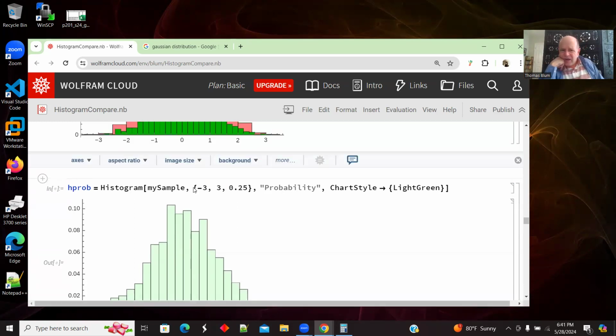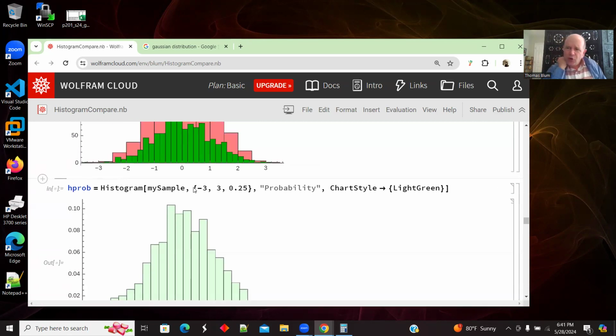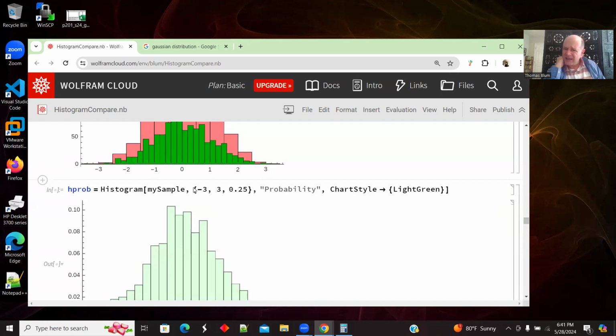The other change I'm making here is that I am introducing a new argument, and it is going to have an effect on the height. We're saying that we're going to make a probability histogram rather than a frequency histogram.